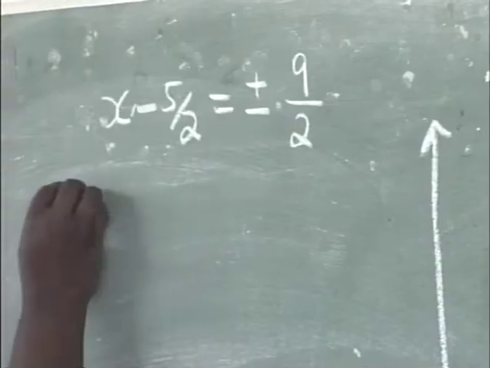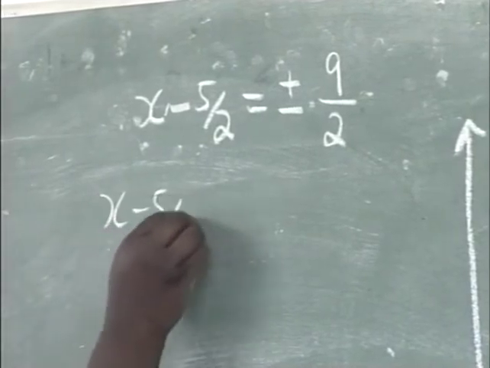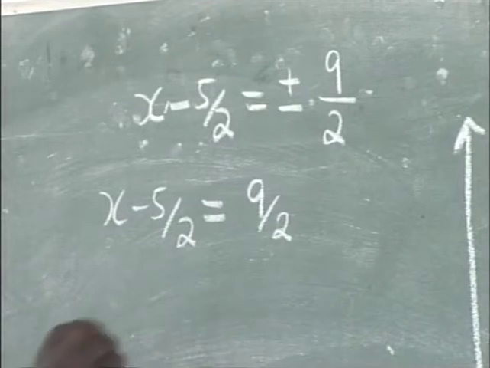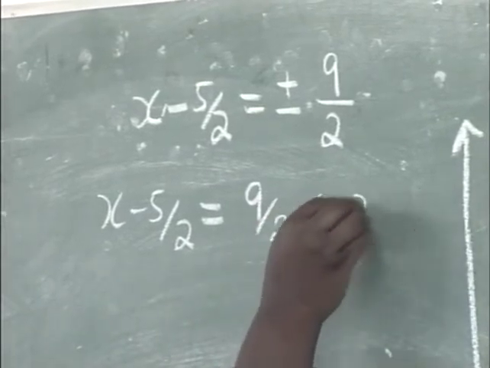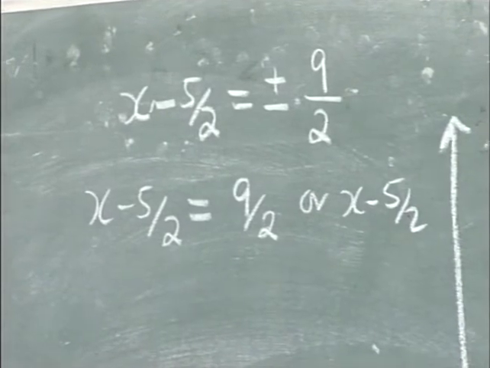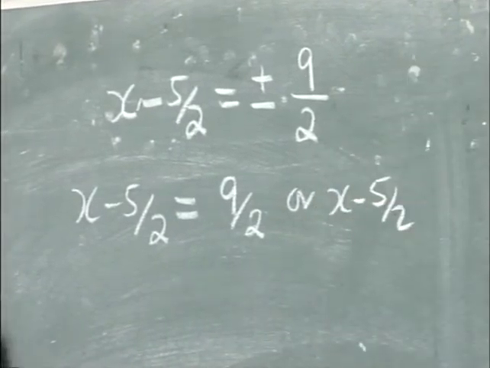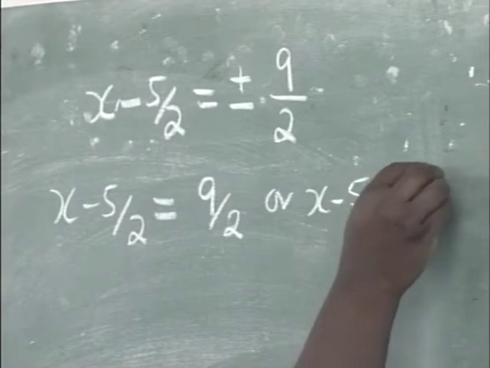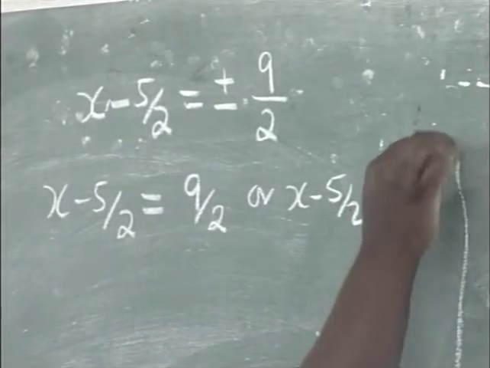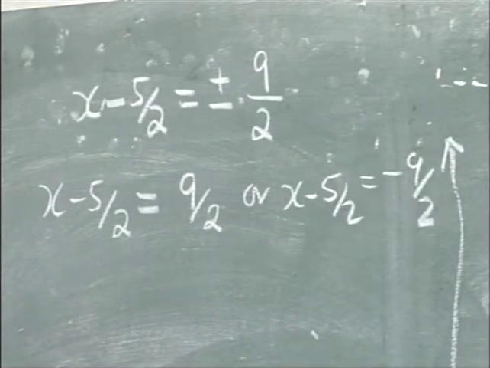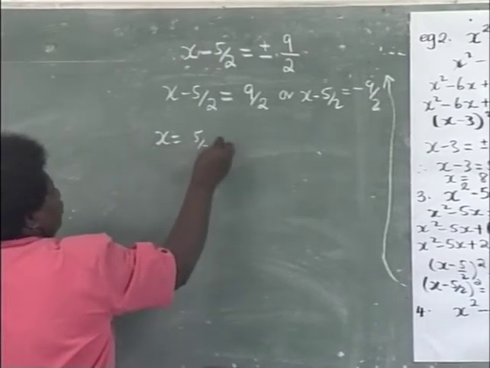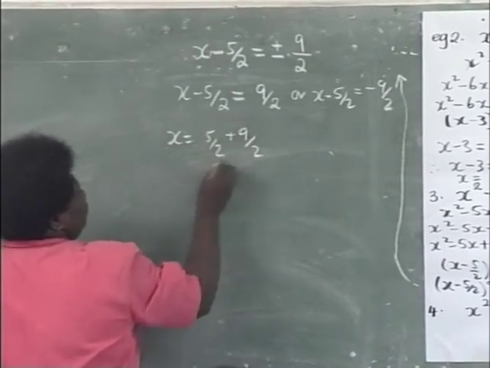Okay, there are now two answers. X minus 5 on 2 equals positive 9 on 2, or x minus 5 on 2 equals negative 9 on 2. Okay, this one will give 5 on 2 plus 9 on 2.